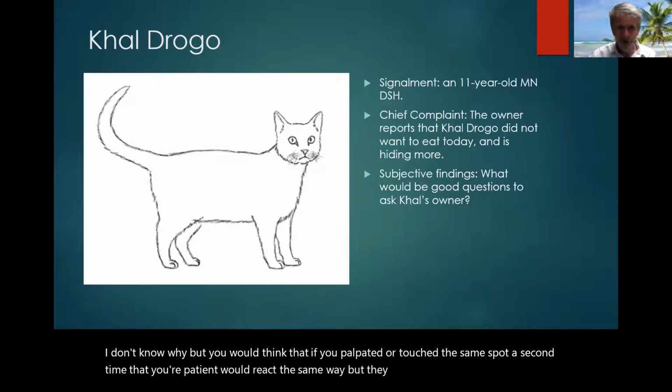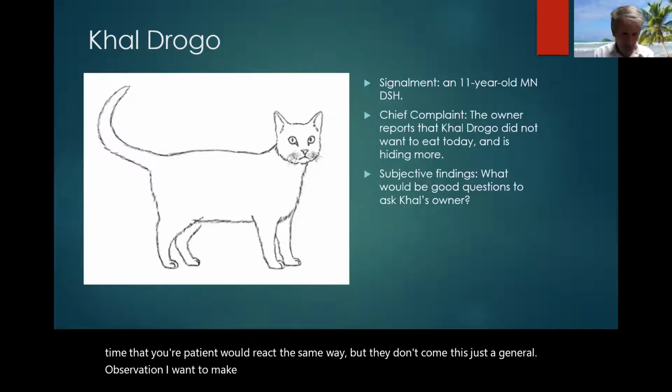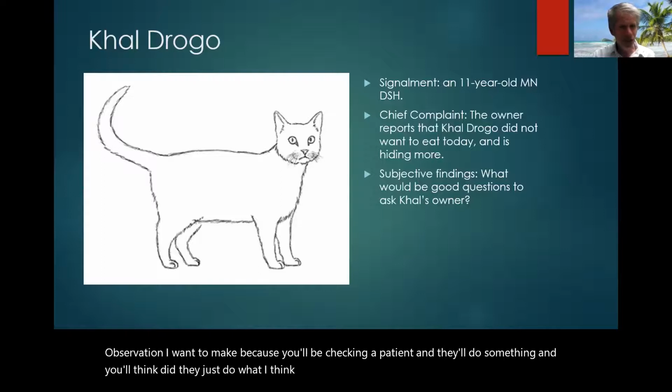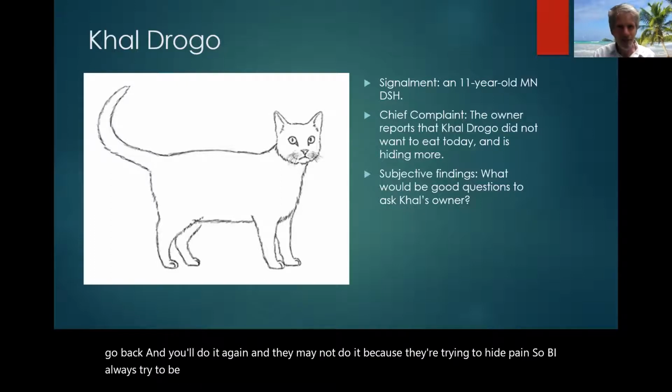That's just a general observation I want to make, because you'll be checking a patient and they'll do something and you'll think, did they just do what I think they did? Did they grunt? Or did the tail flick? Or did the ears go back? And you'll do it again and they may not do it, because they're trying to hide pain. So I always try to be very observant when I do things, because I may not get a second chance.